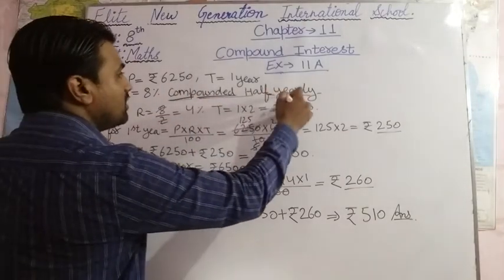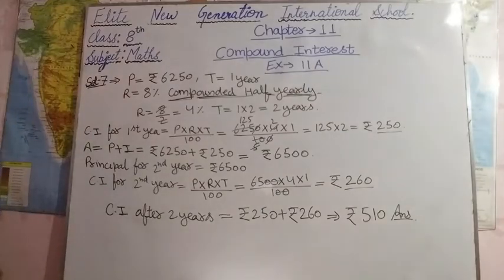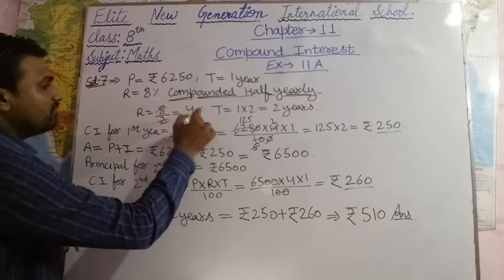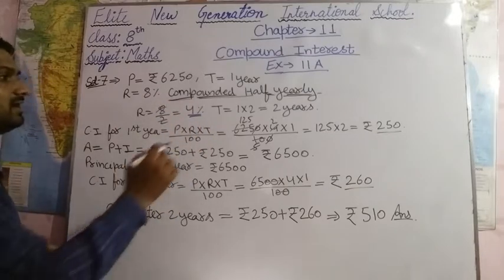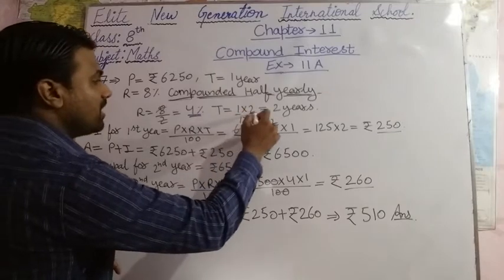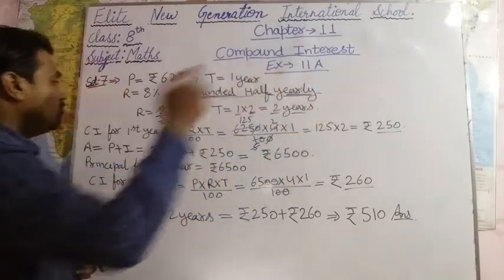So here when compounded half yearly is given, in that case rate will be divided by 2. So here rate we have given 8, so rate will be 8 upon 2, so rate will become 4%, and time will be double. Time is 1 year, so time will be multiplied by 2, so time will become 2 years.